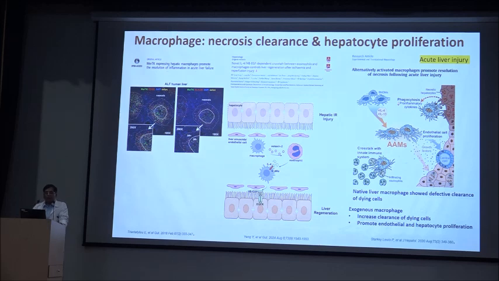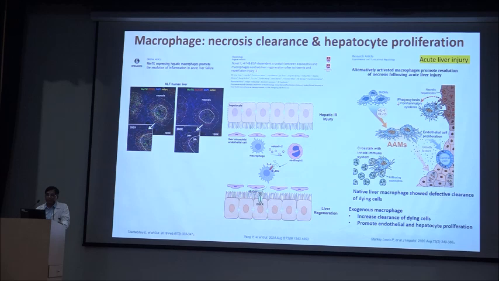This is also proven by other studies, that macrophage-induced clearance of this necrotic area is very critical for initiating the regeneration process. Like in this study, they show that if the macrophages lack MERTK, which is required for the neutrophil clearance, they are defective in regeneration.